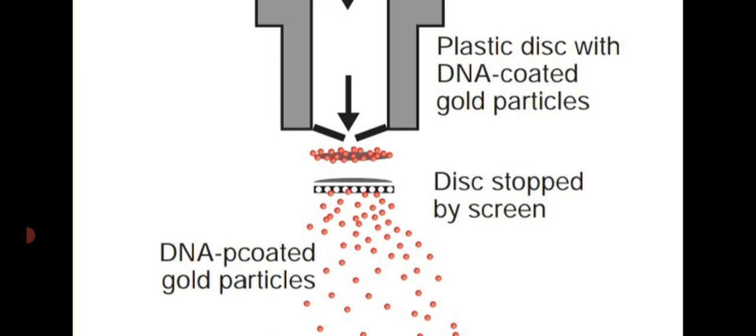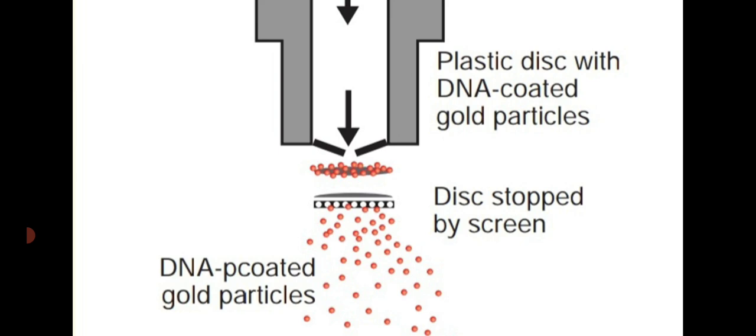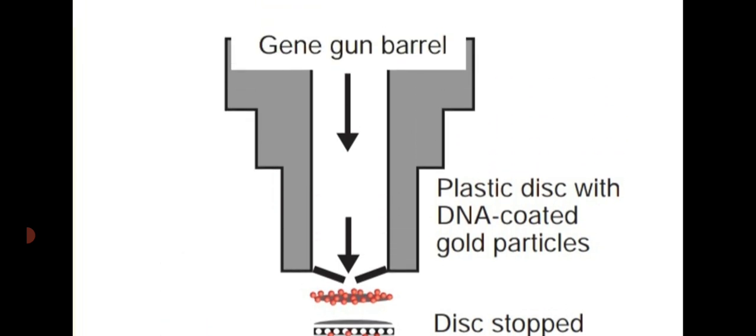Finally, the DNA-coated gold particles are released outside and they are cultivated in the laboratory to produce the newly formed target plant cell. So that is said to be the biolistic or gene gun method.